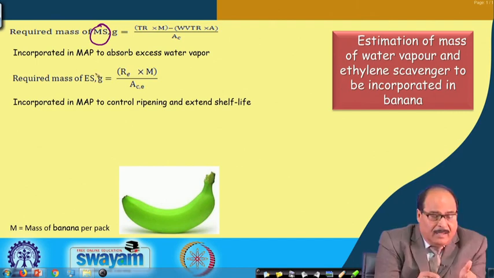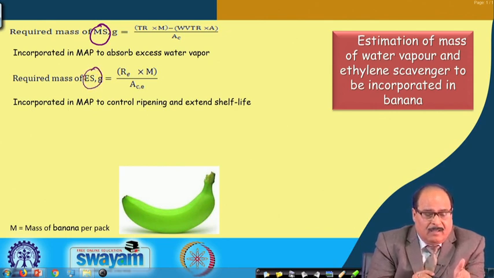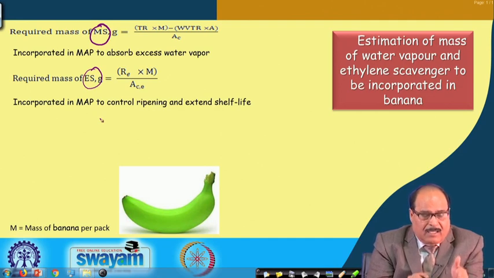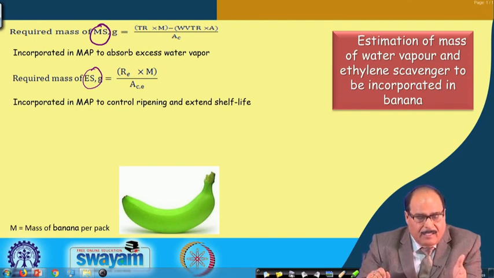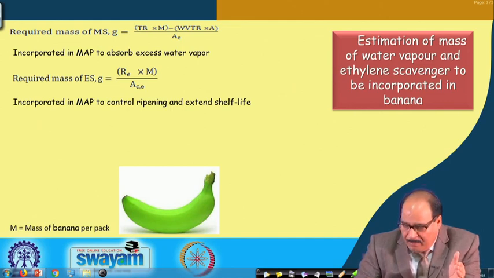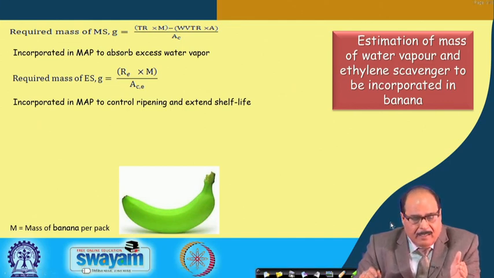Similarly, the required mass of ethylene scavengers to be kept inside the MAP can be calculated by the equation RE multiplied by M divided by ACE, where these values ACE, M, TR, WVTR can be experimentally measured.